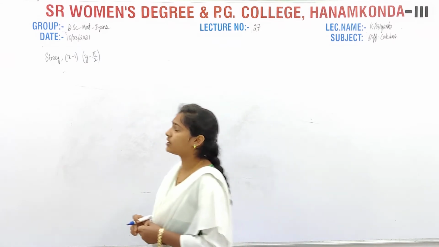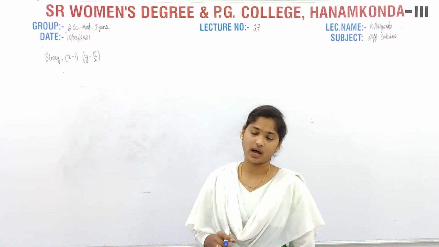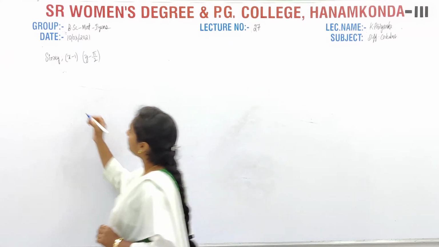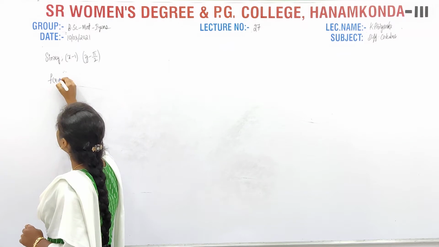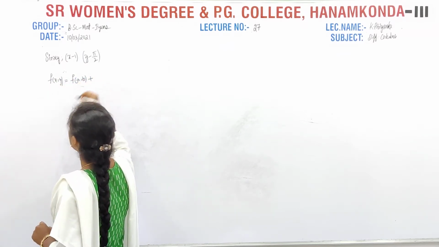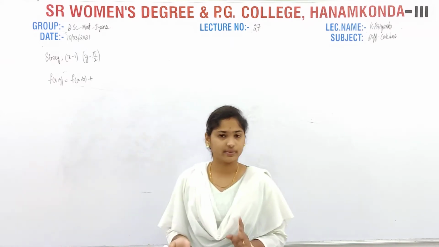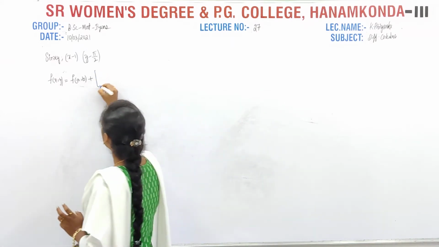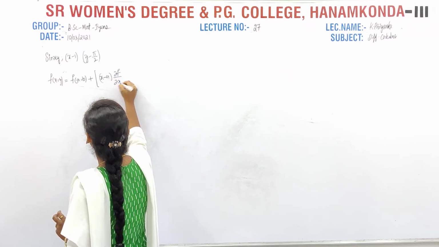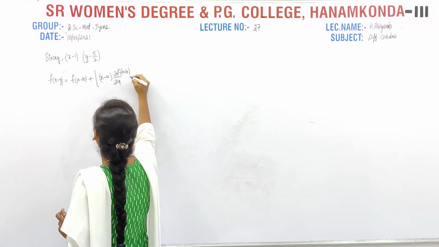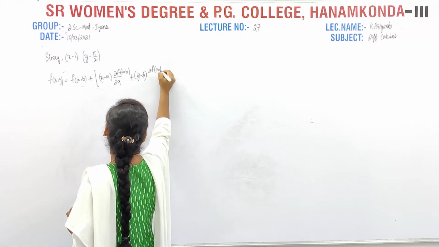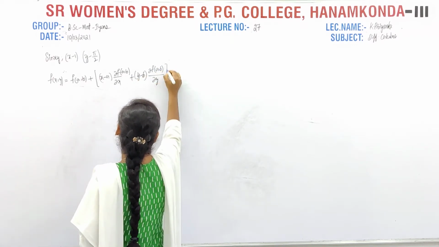So first of all I want to write the formula, and after that we will calculate the required values. Now f of x comma y is equal to f of a comma b plus 1 by 1 factorial, which is simply 1, into x minus a into dou f by dou x at the point a comma b, plus y minus b into dou f at the point a comma b by dou y.